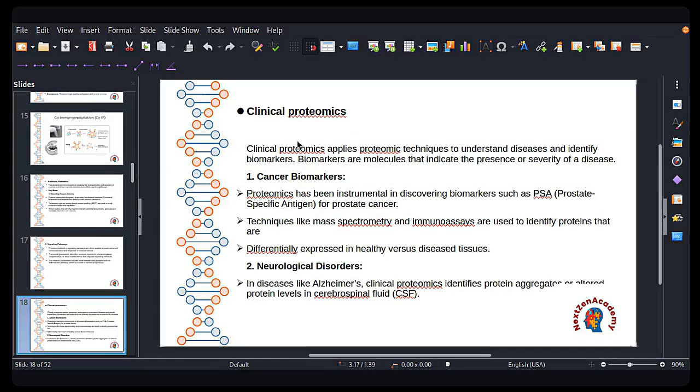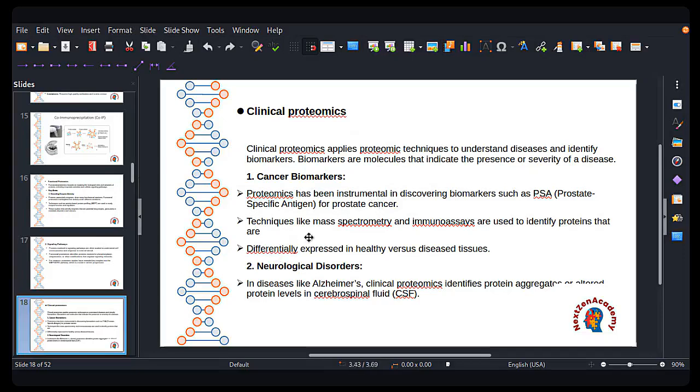Clinical proteomics. So, clinical proteomics applies proteomic techniques to understand disease and identify biomarkers. Biomarkers are molecules that indicate the presence or severity of a disease. Okay. So, cancer biomarkers. Proteomics has been instrumental in discovering biomarkers such as PSA, prostate-specific antigen, for prostate cancer.